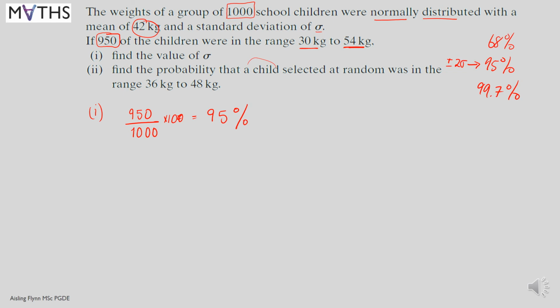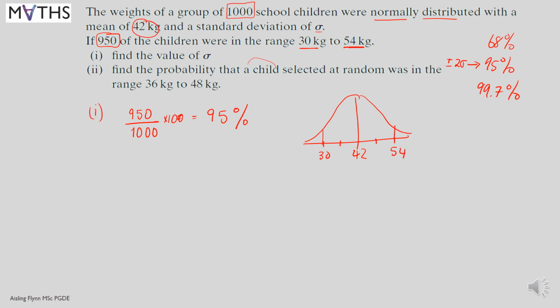So if I'm going to draw a little sketch here now. We're told that our mean is 42, and now we know, because of the 95%, that 30 is 2 standard deviations below, and that 54 is 2 standard deviations above.